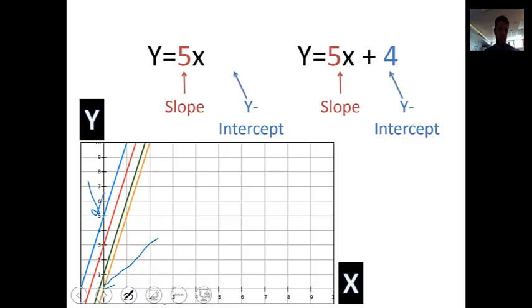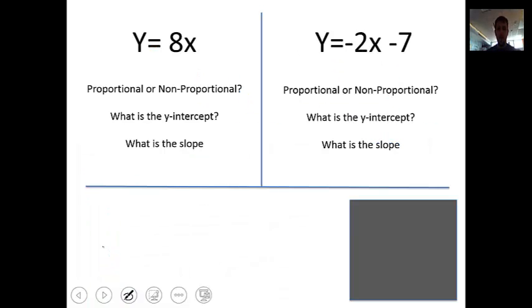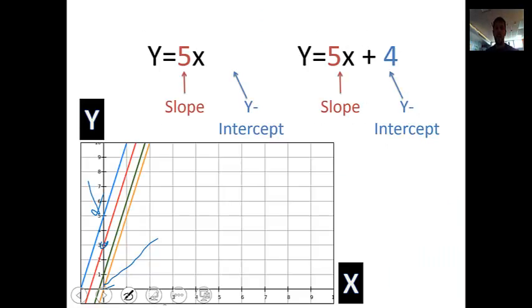At 3. Right there. Okay. So we can identify where the line crosses the y-axis just by looking at this. And we know this is always going to cross at 0. It's going to go through the origin. Okay? This is origin, baby.